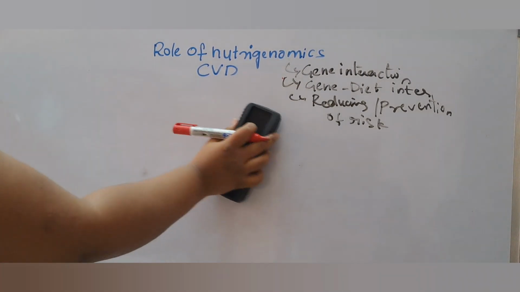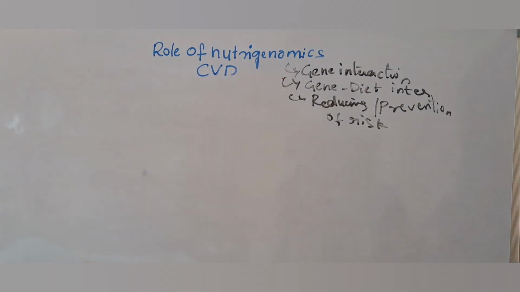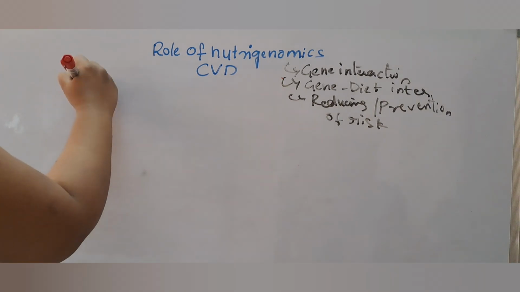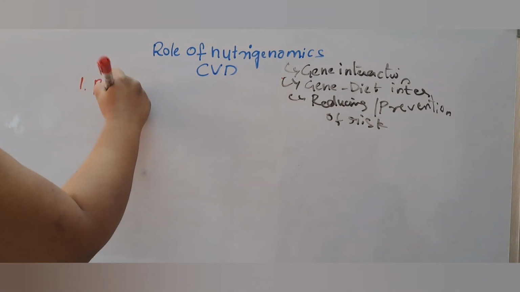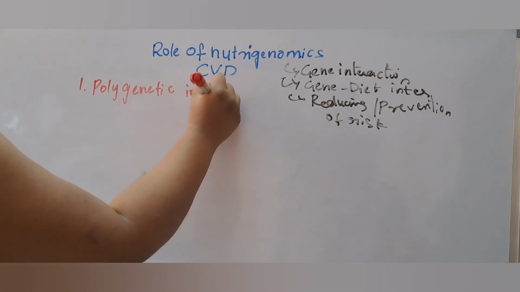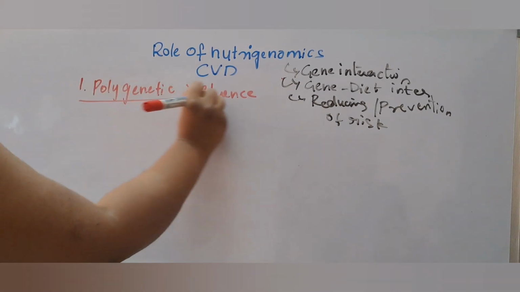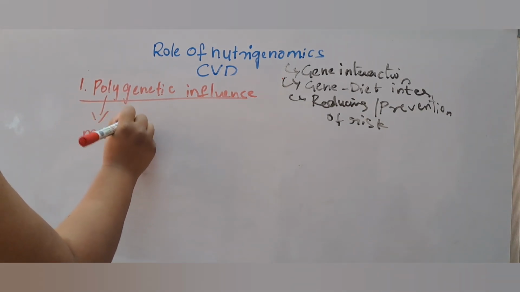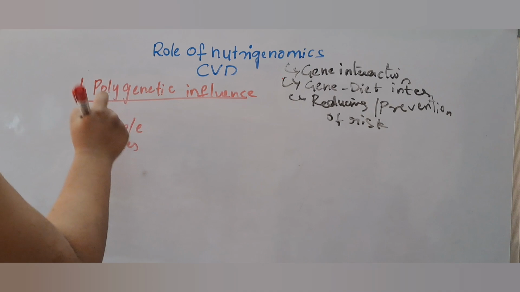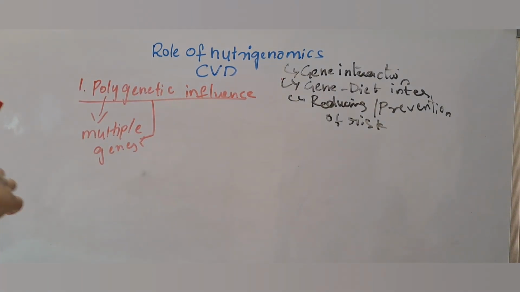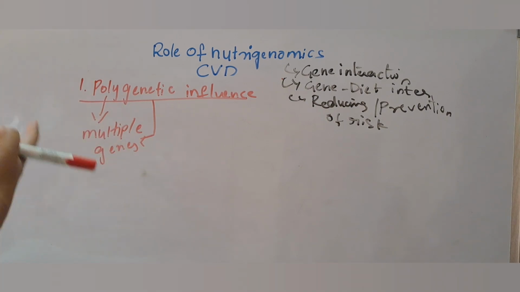Generally there are many interactions. The first is polygenetic influence. Polygenetic influence means many or multiple genes. Poly means multiple and genetic means genes. So there are many genes which influence CVDs.